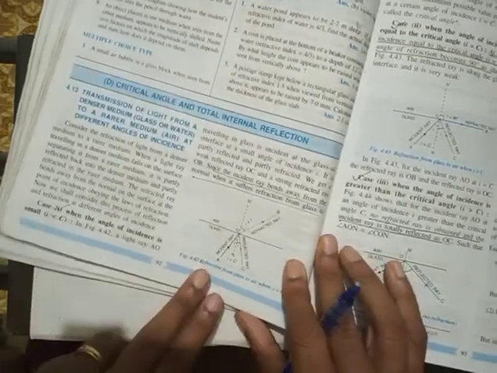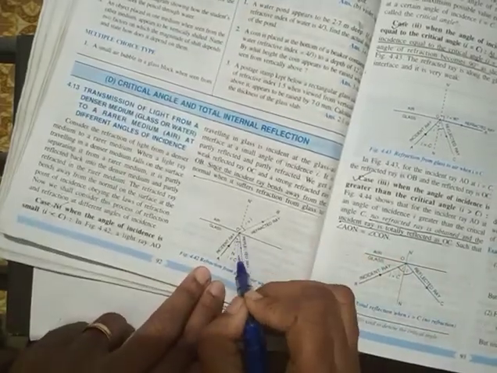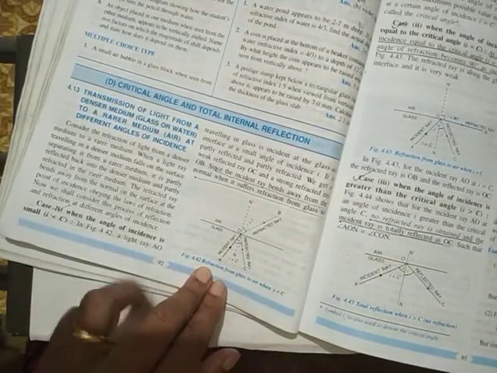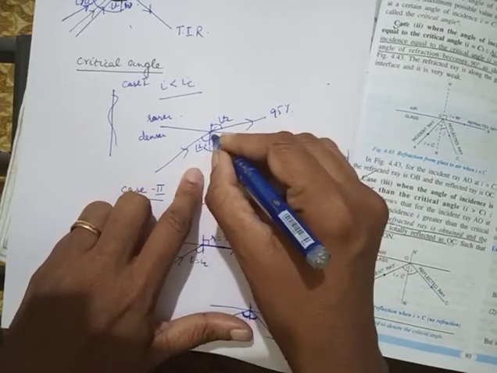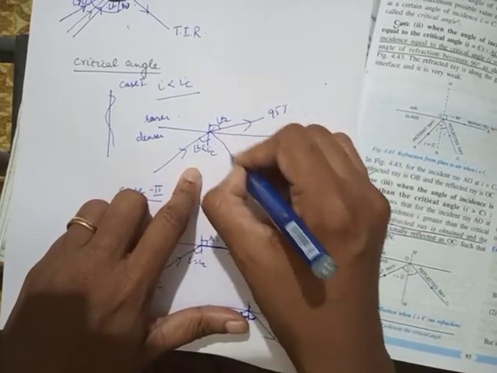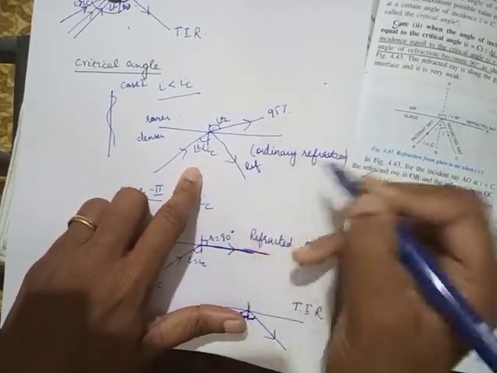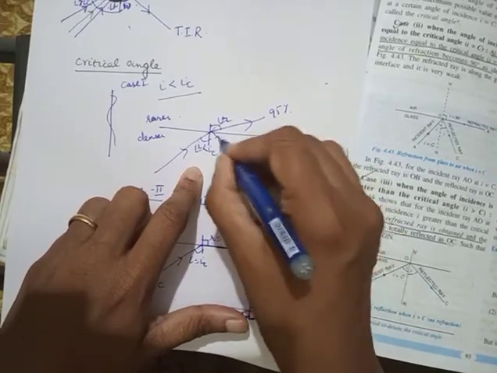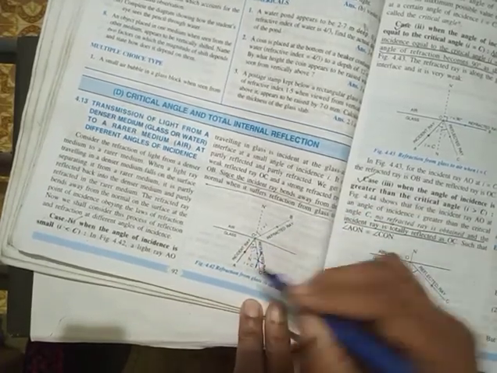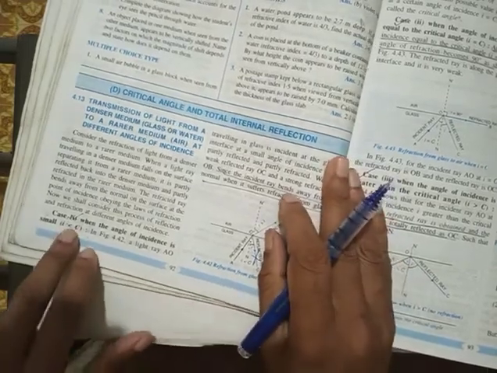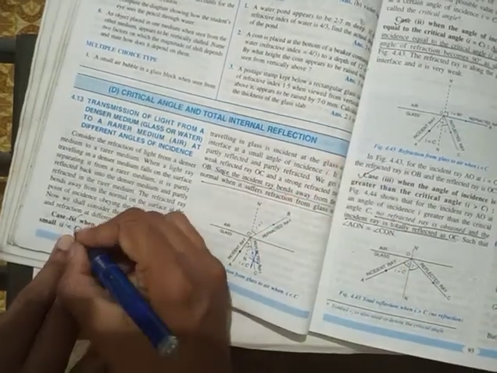Now in all these diagrams, I have not drawn the reflected ray. I told you before, usually when refraction takes place, 95% of the ray will be refracted and 5% will be reflected, so it's not necessary to show this every time. In your book it is shown, that's why. Otherwise, even if you draw only the incident ray and refracted ray, it's fine. This is for I less than C; he has taken it as C, you can take IC or whatever.